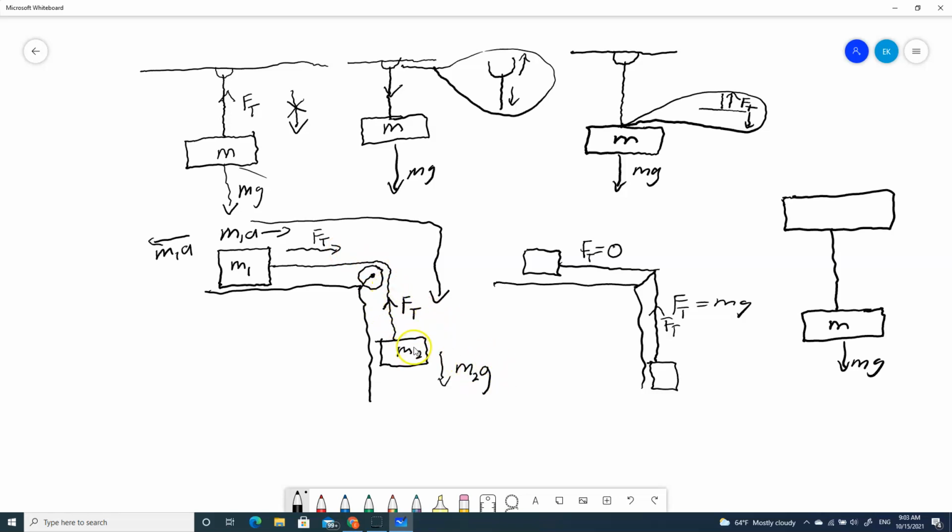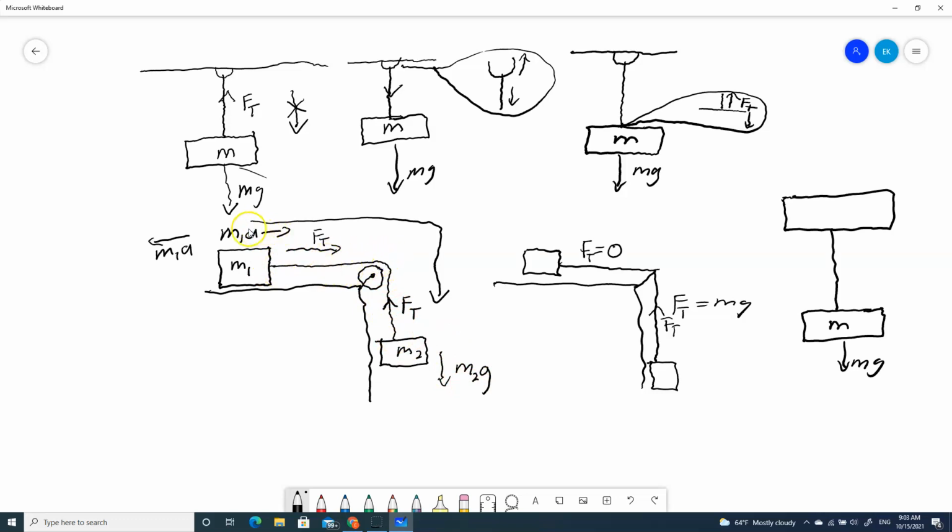And that's because also you can imagine that M2, since it's getting partially pulled upwards, the net force on the rope, therefore on M1, is not going to be the full M2g downwards. It's not going to be that full M2g. Instead, it's going to be M1a in this case. That's the force on M1 that is required to pull M1. So that's why this M2g force does not get fully transferred in here.